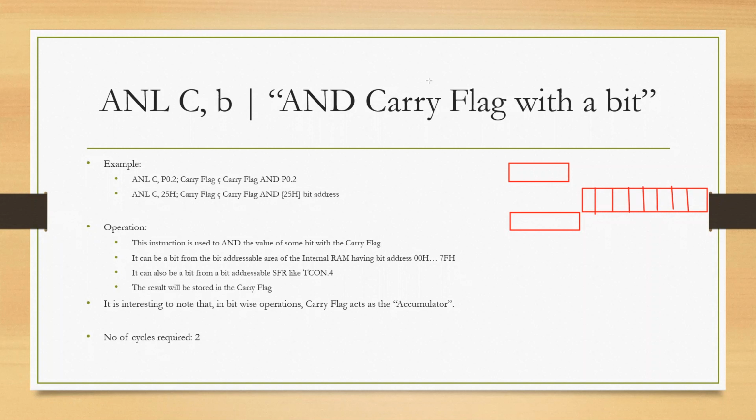This is a byte location, and in that we have the bit location, that is 25 hex. Let it be this, the 25 hex bit location. Some value will be here, the value in the bit location, that is 1 bit, which may be 1 or 0. Let it be 1 in the 25 hex location. This is the carry flag, and this is P0.2.